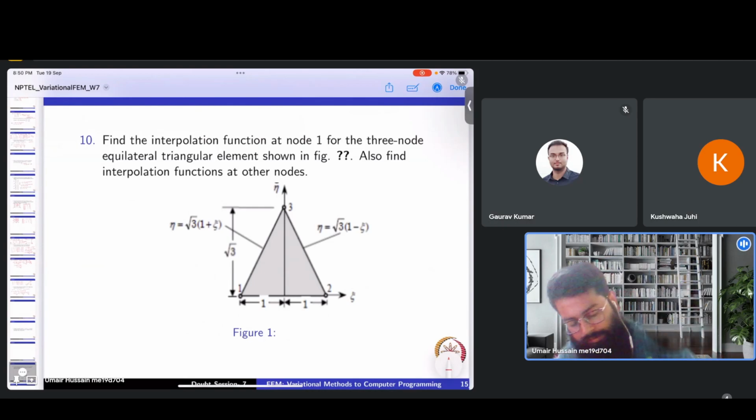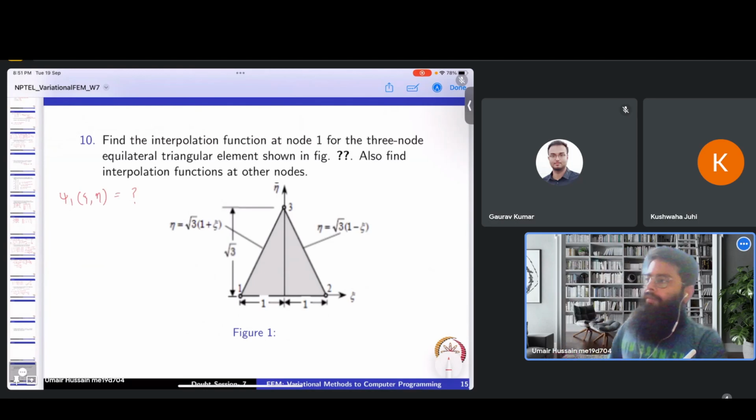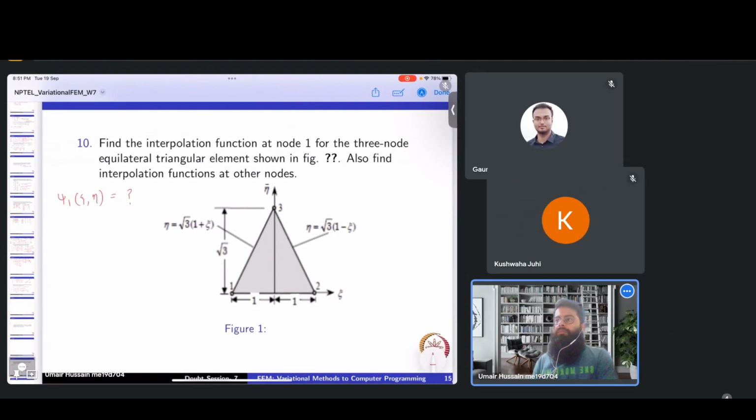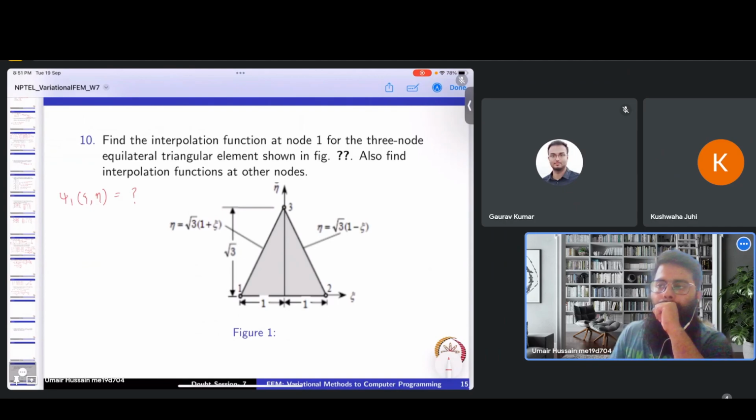So we need to find psi1 here as a function of xi. Anyone, any guesses?